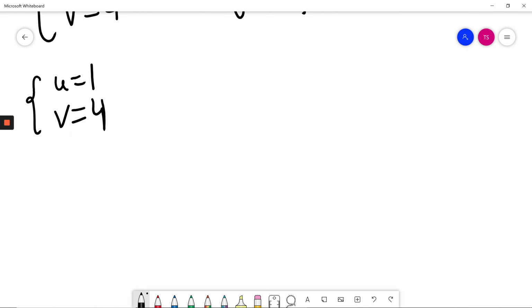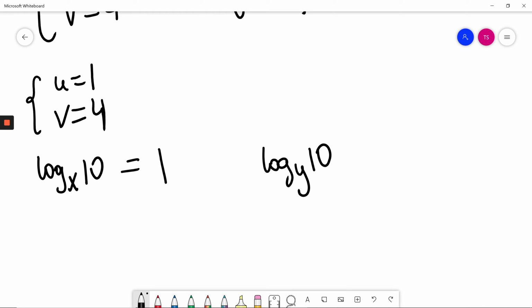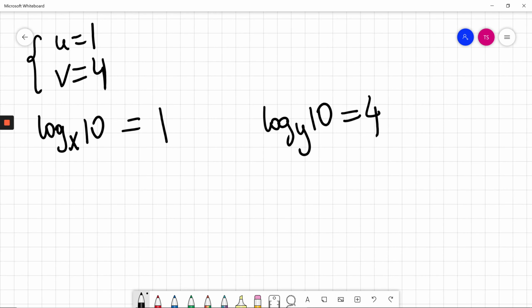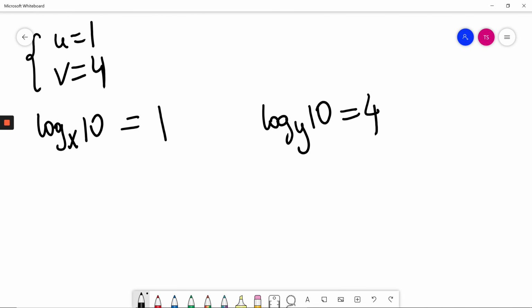My u was log with base x of 10 and u is 1, so this is 1. My v was log with base y of 10 and this is equal to 4. Log with base x of 10 is 1, so I can write it as x to the power of 1 is 10, so x is just 10.